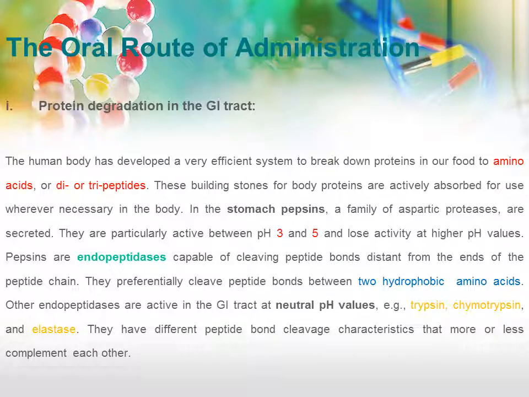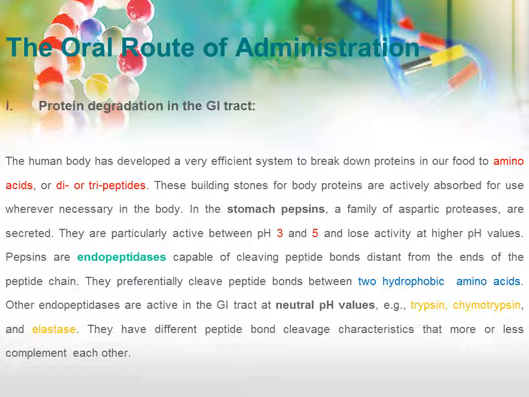Pepsin cleaves peptide bonds between two hydrophobic amino acids like isoleucine, valine, leucine, alanine, proline, and glycine.